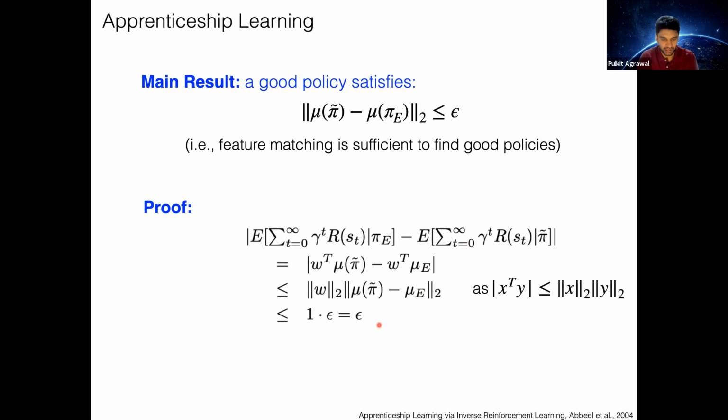So the takeaway is, when the reward function is linear in features, I do not explicitly need to compute the reward function. I can just think of it as doing feature matching, and those two things are equivalent. It's just a different interpretation.